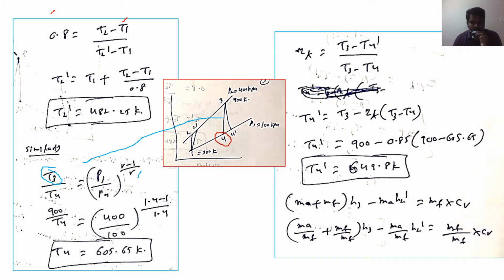This value is also already given in the problem, because in the TS diagram process 2-3 is the constant pressure process.